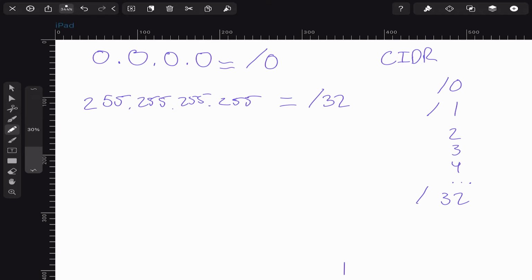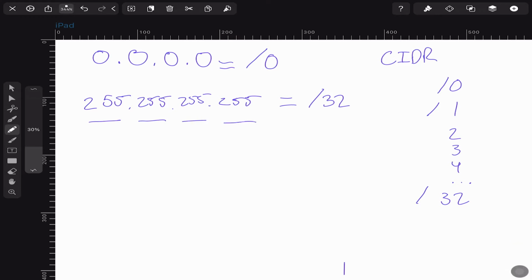Computers don't understand that by themselves. Computers only understand two things. Like a light switch, they only understand electricity: ones and zeros, off and on. What we're looking at here, when you see a 0, we have 4 octets.